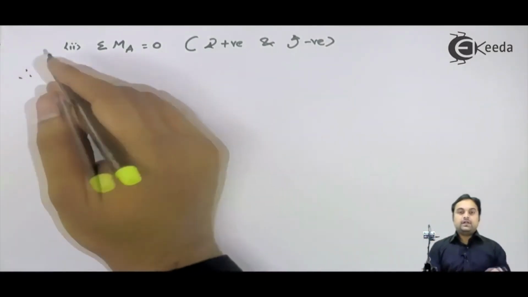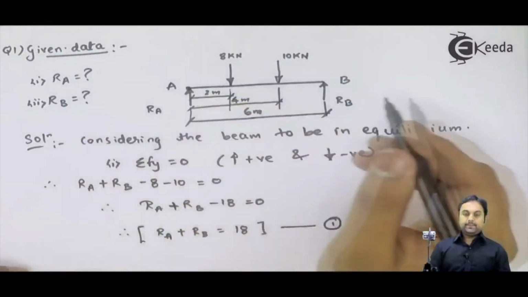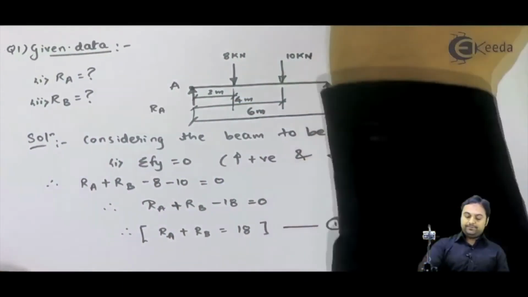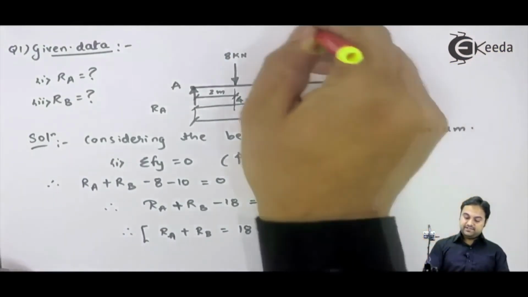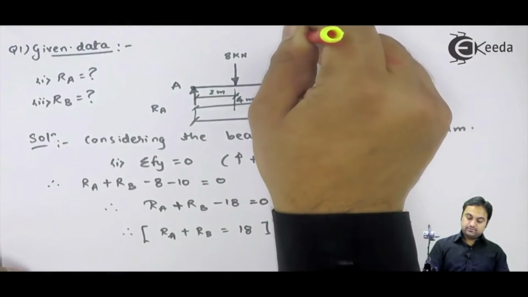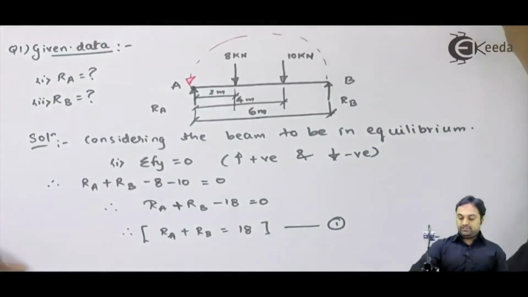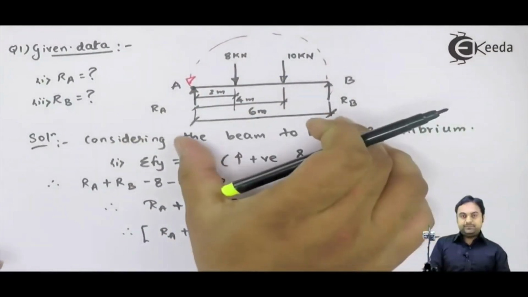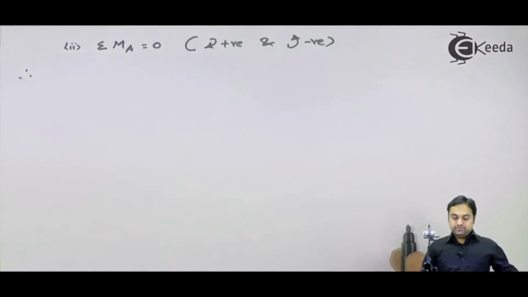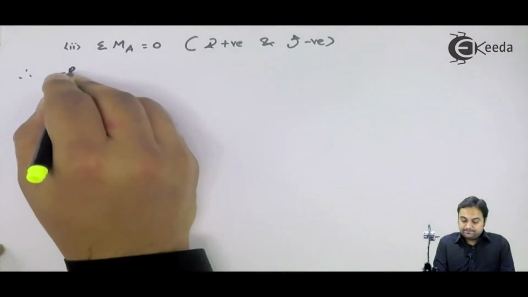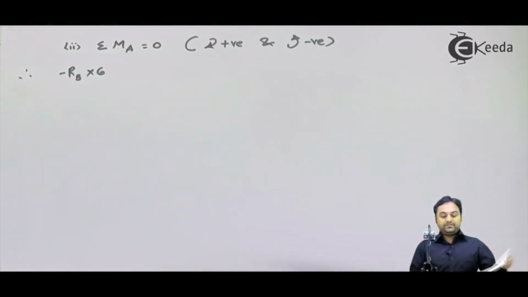Therefore, to calculate moment at point A, I'll start with RB. The moment produced by RB is in the anti-clockwise direction. So it is minus RB into 6 meter, the distance of RB from point A.